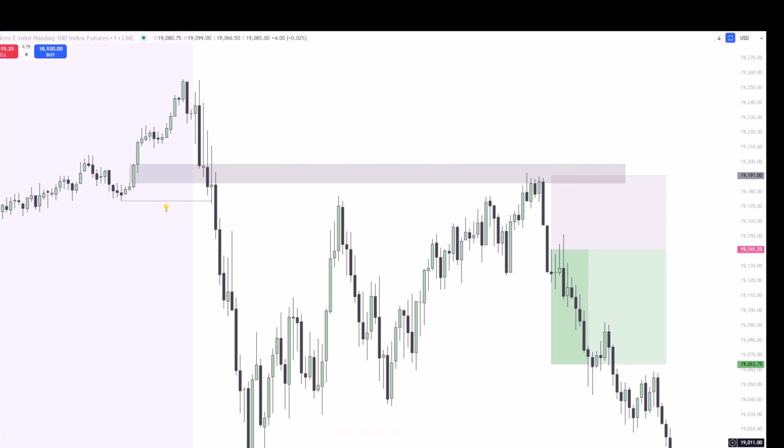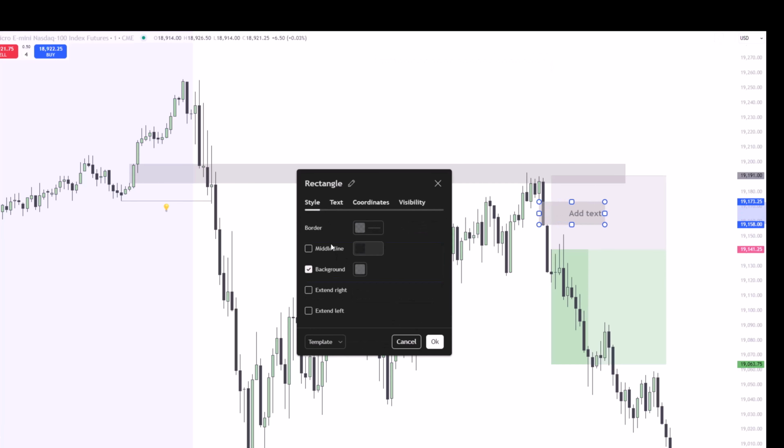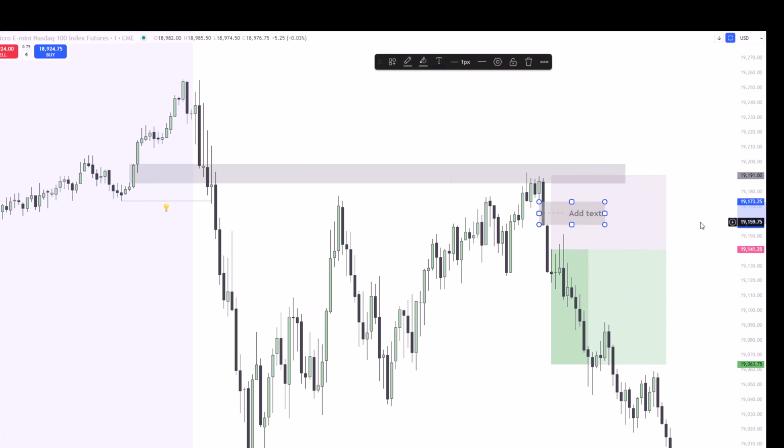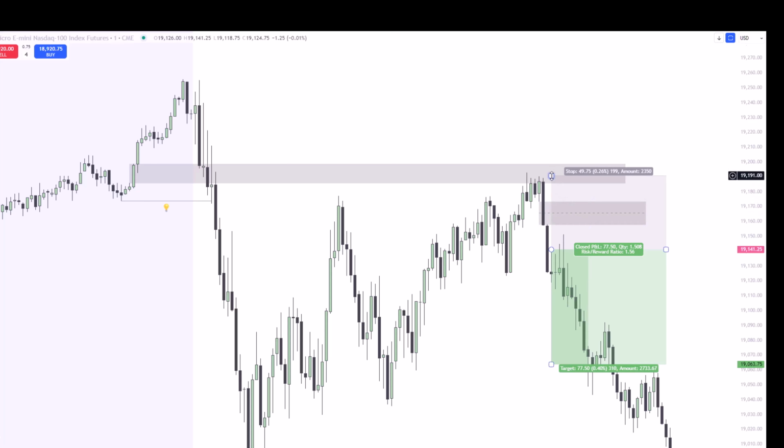Okay, so we have to allow for our stop to be above the consequent encroachment of this first FVG. So at least that.